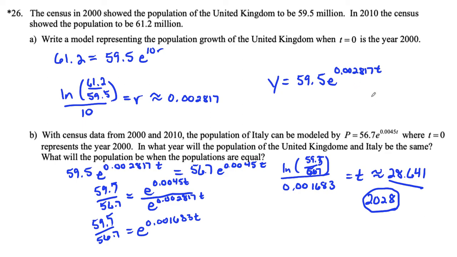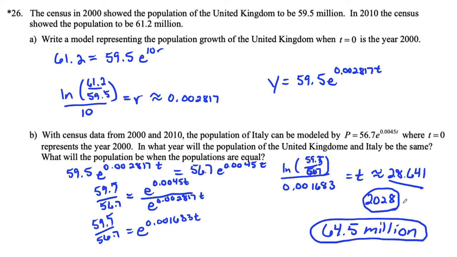If you type that all into your calculator, you should end up with 64.5. Once again, be careful and include context, which is million people. So in 2028, their populations will be approximately equal at 64.5 million people.